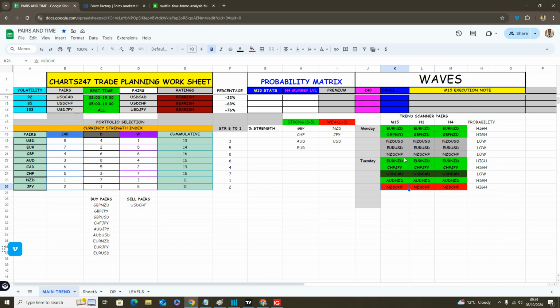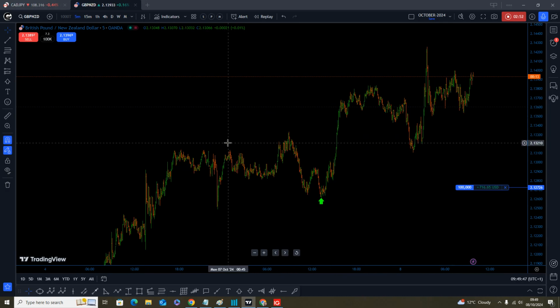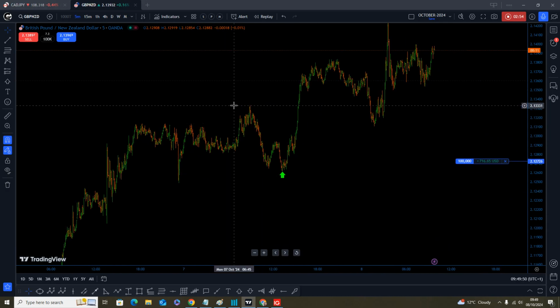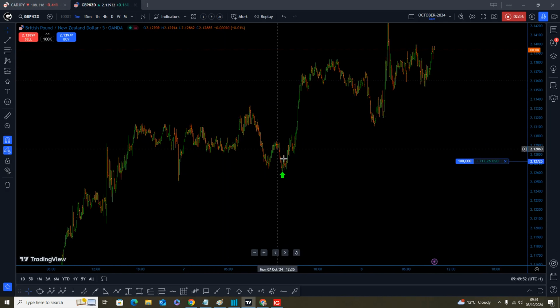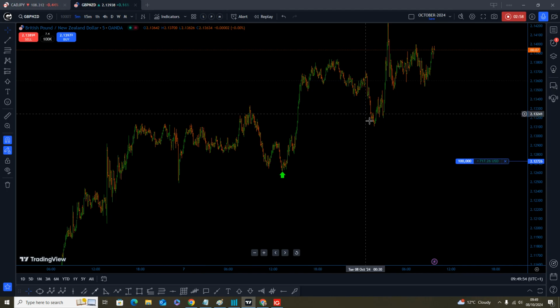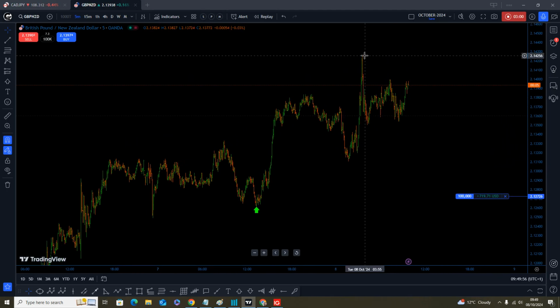Let me just look at one or two pairs in terms of analysis, then we can move on. Let's look at the Euro New Zealand. This is the one we had yesterday. You can see there's a momentum high here, and we have broken above the momentum high with a structure, and we have another momentum high here.